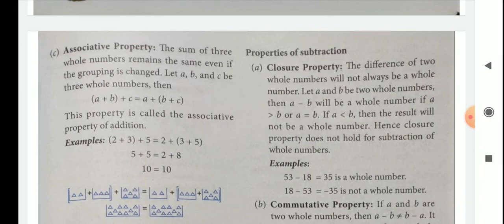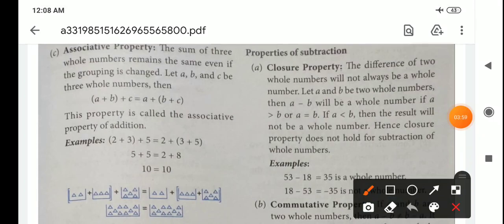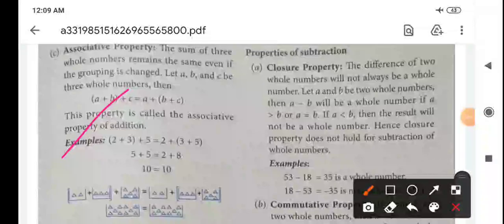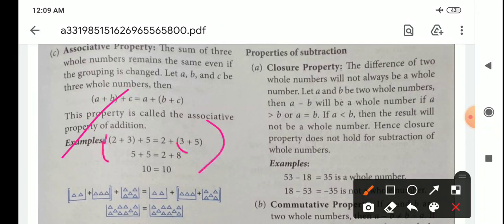The answer will be the same. If we see this example, (2 plus 3) plus 5 and 2 plus (3 plus 5). Here the bracket is in different places, but their answer will be the same. This is known as the associative property.